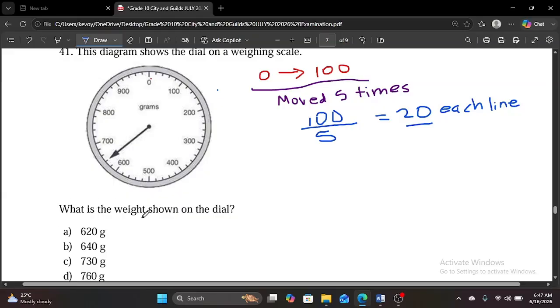So what is the weight shown? We are on 600, going above 600. So from 600 to this line right here, we just add 20. That's going to be 620. Another 20 is going to be 640.